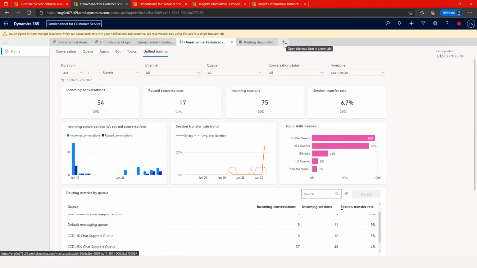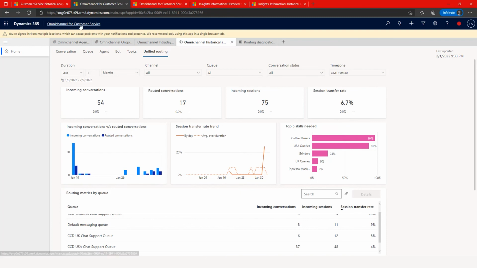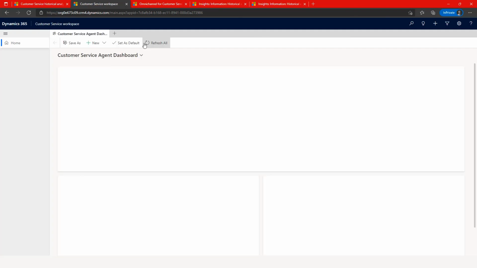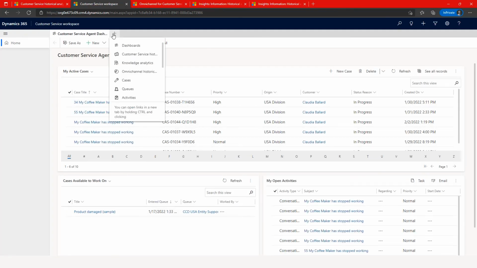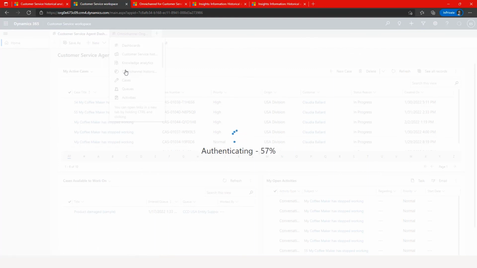You just need to log into CSW application, let the presence load, and go to this plus icon, which would help you access both these reports in the same place. Like you see here, there are both reports available: customer service historical analytics and Omni-channel historical analytics. So once the presence loads, you would be able to access these reports in customer service workspace.